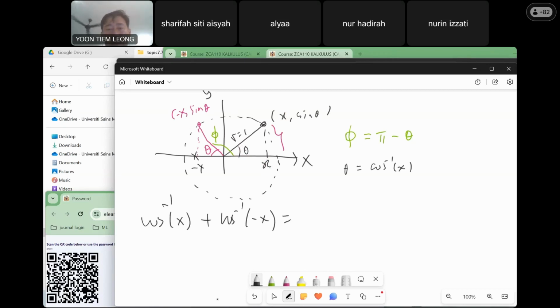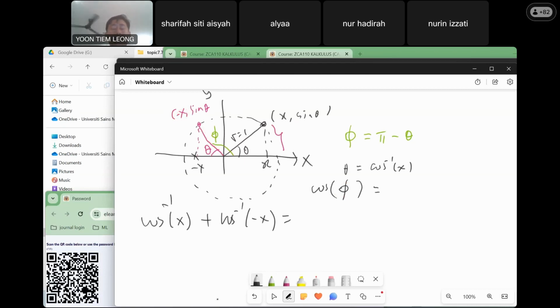And then let me write down the cos of phi. Cos of phi is, according to the definition of the angle, the ratio of the x coordinate divided by the hypotenuse.